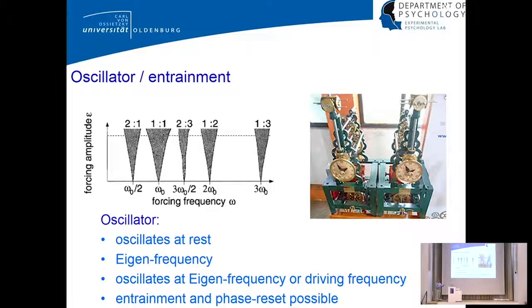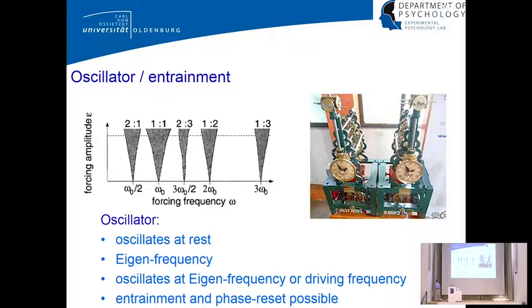It has an eigenfrequency, and the interesting phenomenon is what I showed in the Arnold tongue. It can switch between two regimes. It can either oscillate at its eigenfrequency if you leave it alone, or if your driving frequency is too far from the eigenfrequency, or it can oscillate at the driving frequency if your driving frequency is close enough to the eigenfrequency. So this system can show entrainment and can show phase reset.